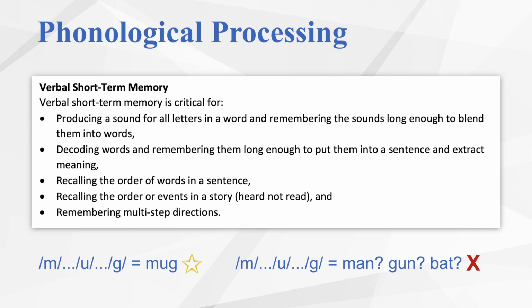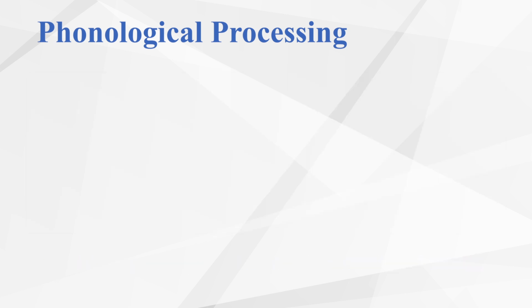If students struggle to remember and retrieve information, multi-step directions are difficult. Oftentimes, students with verbal short-term memory difficulty may appear as if they are making bad behavior choices or not complying, when essentially what's happening is that they are not remembering the directions and therefore have a difficult time following them.